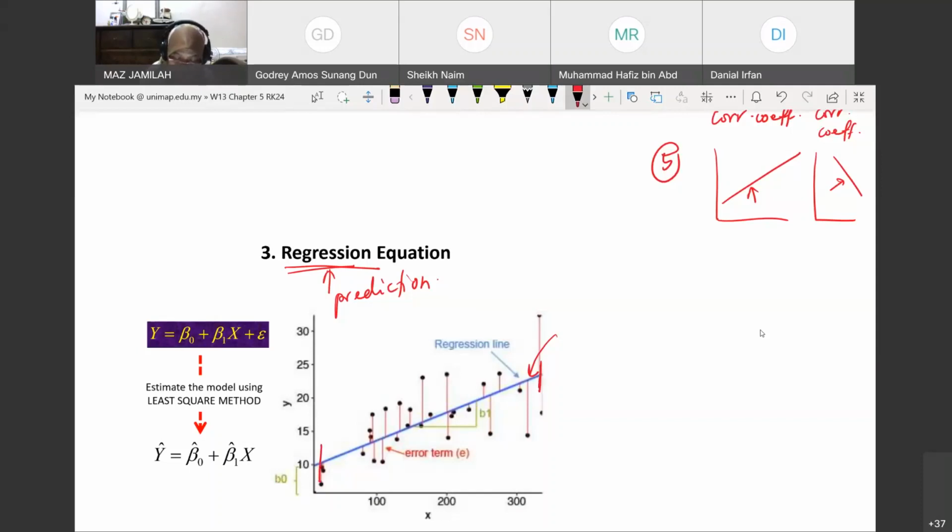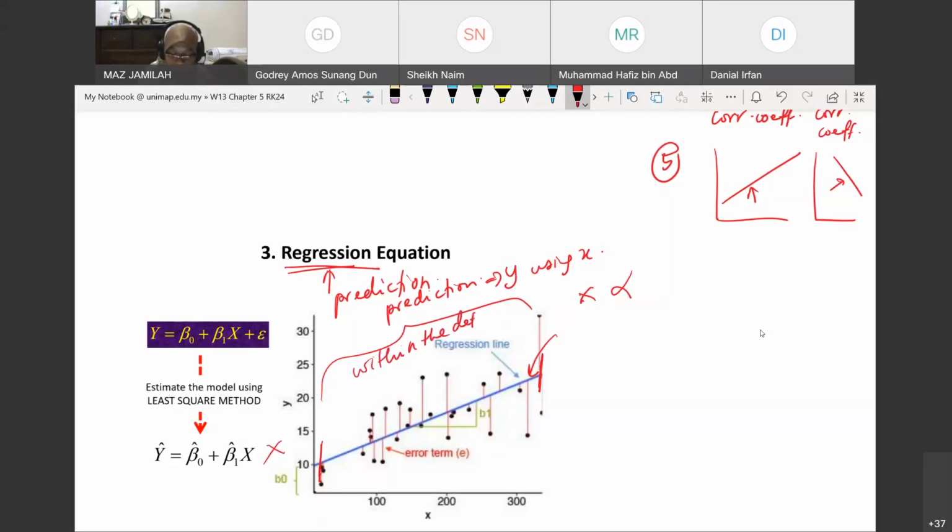So this will be your prediction of your y using your x. Can you do prediction somewhere here? No. Can you do prediction below the data points? No. Your prediction can always be done within your data points. Okay? That's it.